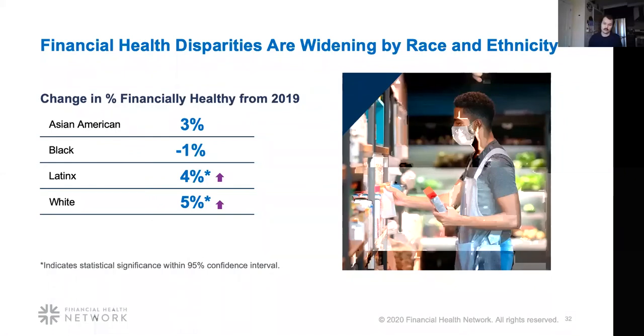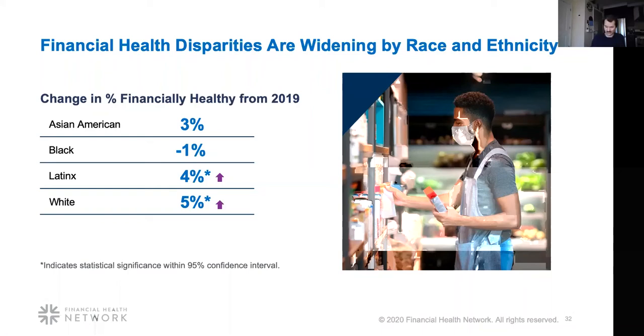Now, for the Asian American sample, this is due in part to our lower sample size for this in our data set. But we see that Black individuals had a slight decrease in financial health. Again, it's not significant, but this demonstrates how the financial health gap is widening.